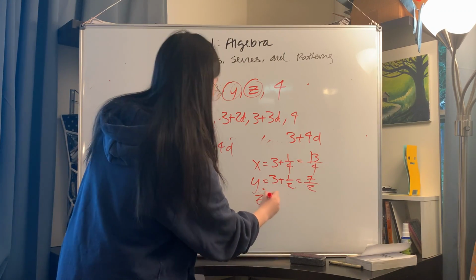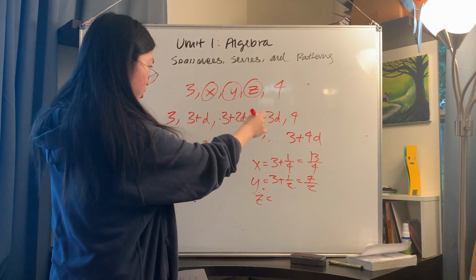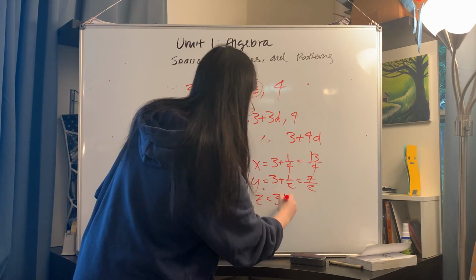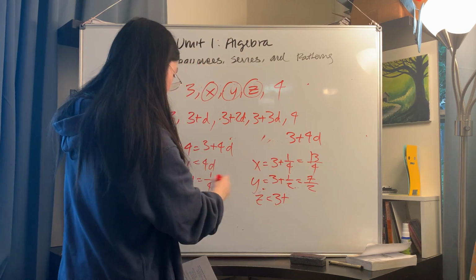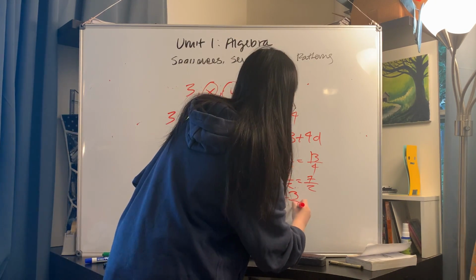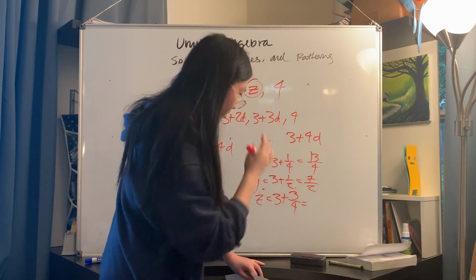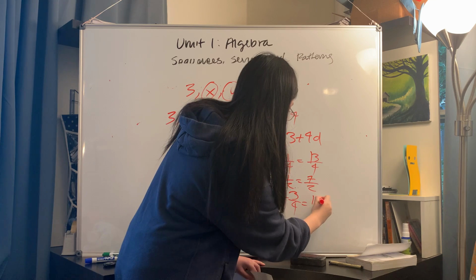Z is equal to 3 plus 3d, so 3 plus 3 times 1/4, 3/4, and that's equal to 15/4.